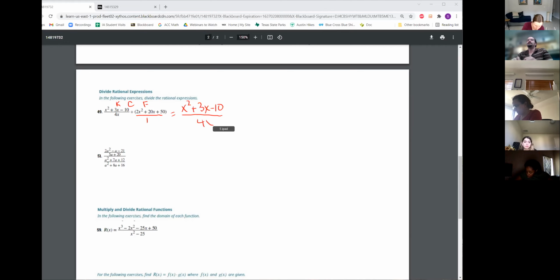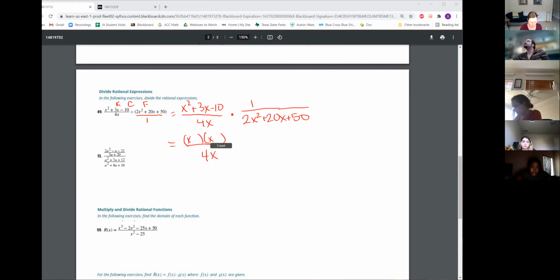What'd you get when you factored the top? I got 3, 7. You got 3 and 7, and which one's positive, which one's negative? I think it's a positive 7. Is that what you got?